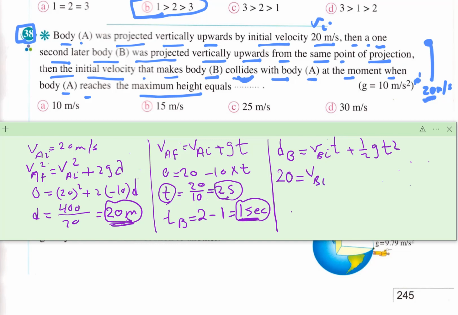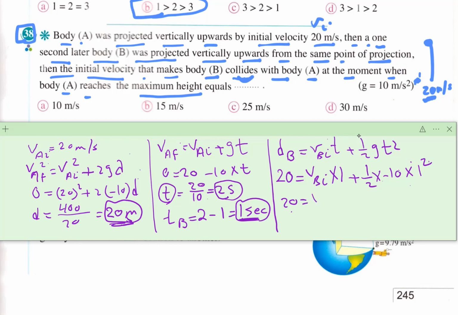VB initial, that is what we need. t is 1 second, plus half, because the total time for the first object A is 2 seconds and after 1 second he projects the second object B, times negative 10 times t squared, 1 squared, right?